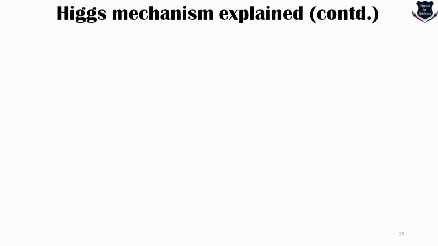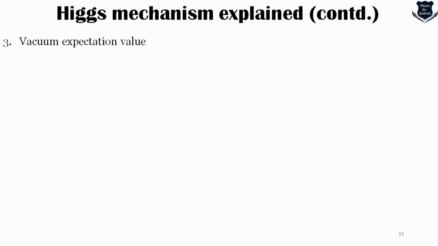Okay, fairly clear enough. Now the vacuum expectation value of the Higgs field is just the value that we would expect it to have when it is in a vacuum state, which is the lowest energy state. That is why we call it an expectation value.